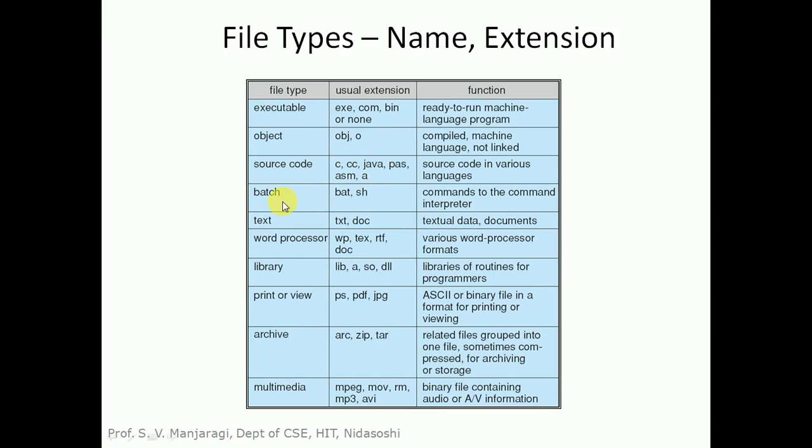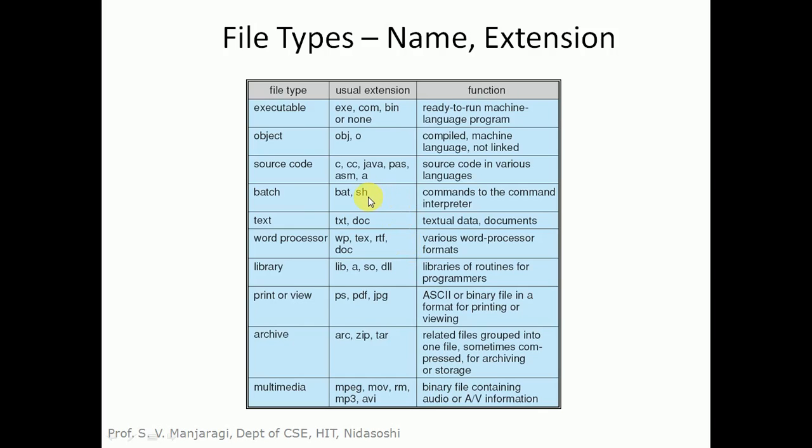The next file type is batch. Batch is basically a set of commands you can execute together. In systems like Unix, there is something called the shell, which is capable of processing batch files. Batch is basically a set of commands executable in sequence.